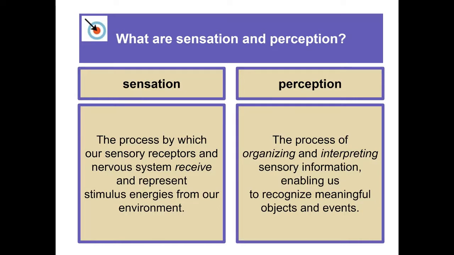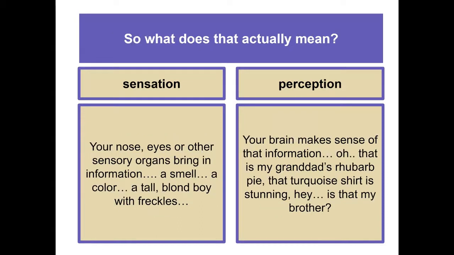So the actual sensory parts of your awareness are different than what the brain does with that information, which is perception. So again, your nose, eyes, or other sensory organs bring information, and then your brain makes sense of that, basically creates a perception of it, an understanding of it.